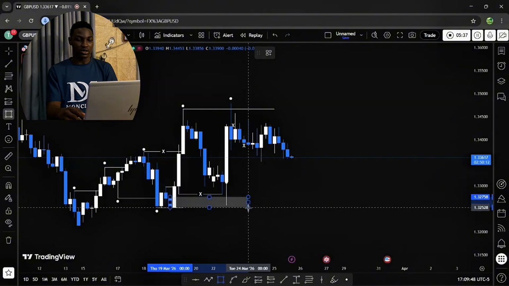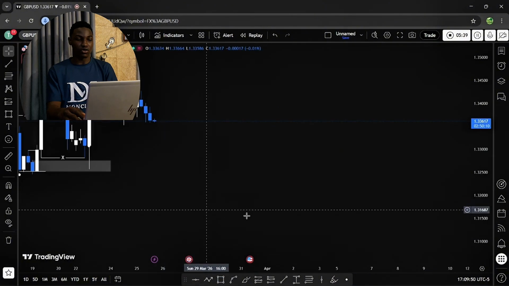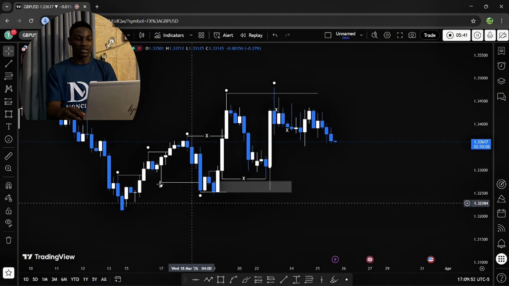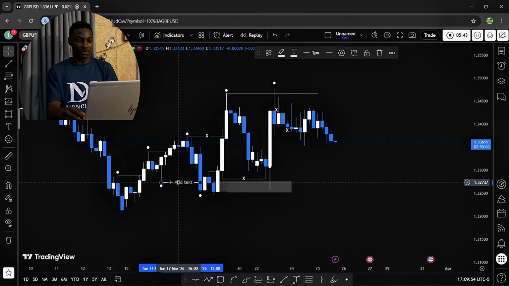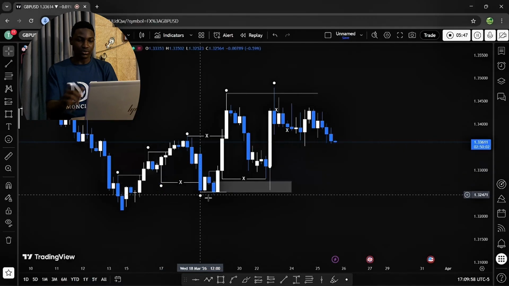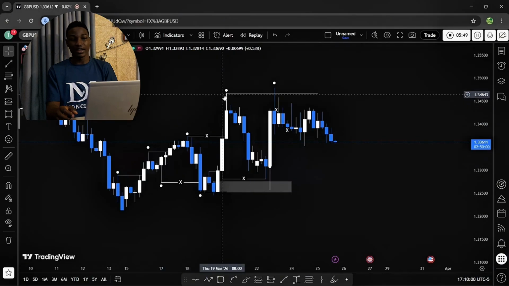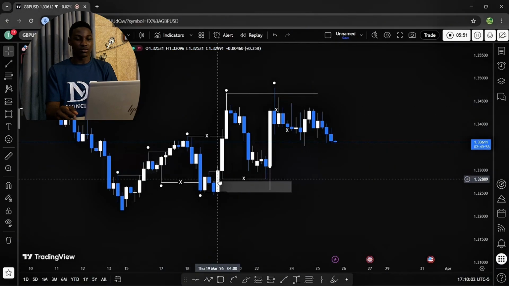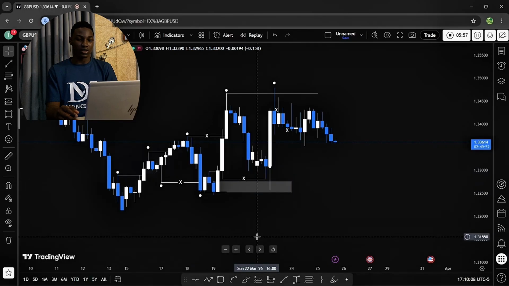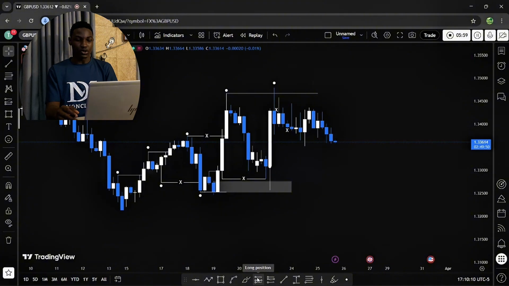Because this order block is the only order block that broke the structure. Liquidity to the left, you can see it swept this zone first. Now that's formed the next high. Then you can also say that it formed the equal lows after the zone. So there's liquidity before and after the zone. Then get into here, there's a long position.